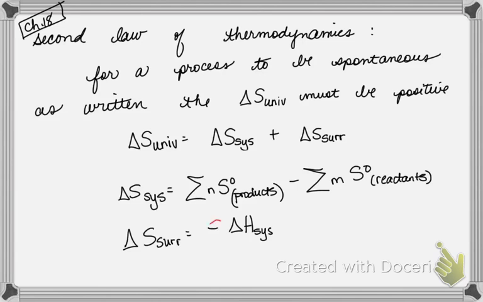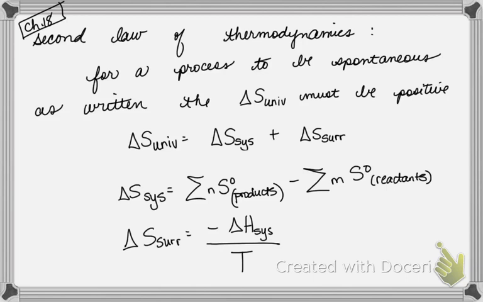So releasing heat results in an increase in entropy, because the delta H would be negative if the process released heat, and this formula would mean the delta S of the surroundings would be positive. So the formula to calculate the delta S of the surroundings is the negative enthalpy change for the reaction divided by the temperature.